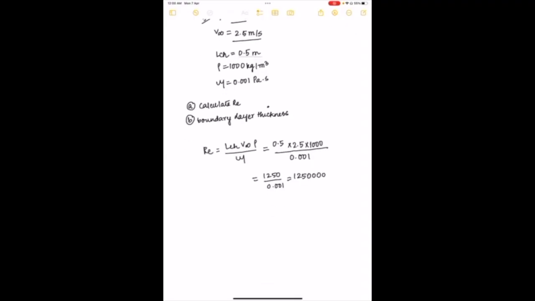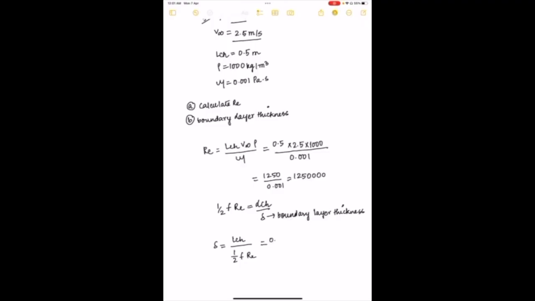Now we need to find the boundary layer thickness. We know half f RE equals LCH by delta, where delta is our boundary layer thickness. So let's rearrange and find delta. Delta equals LCH divided by half into friction factor into RE. So let's calculate.